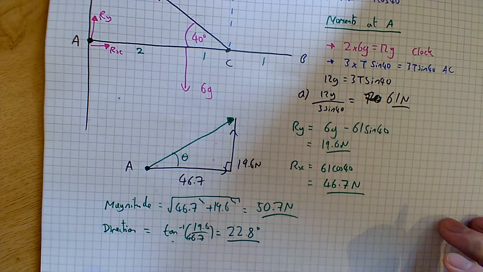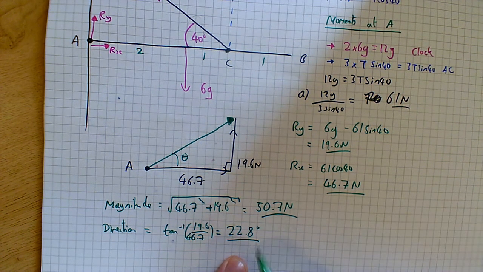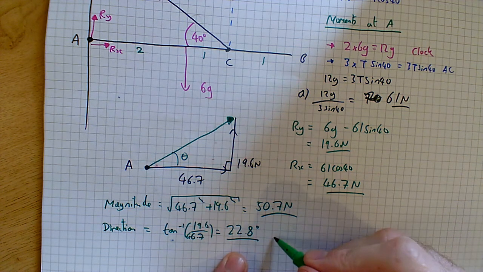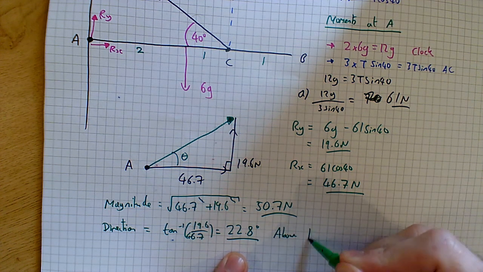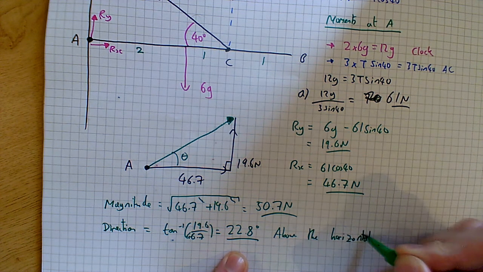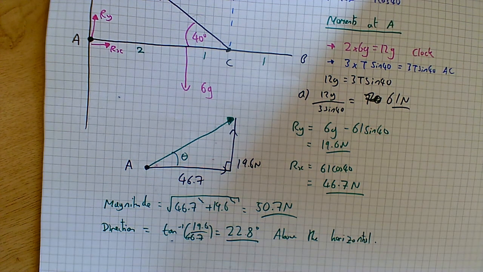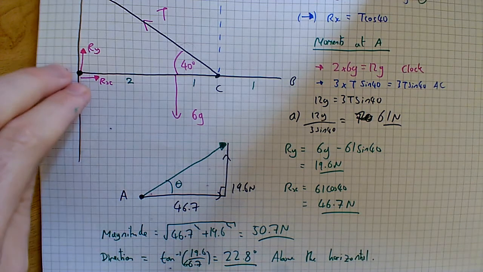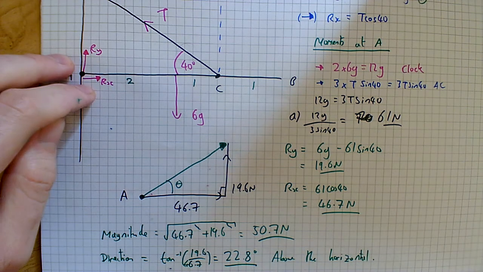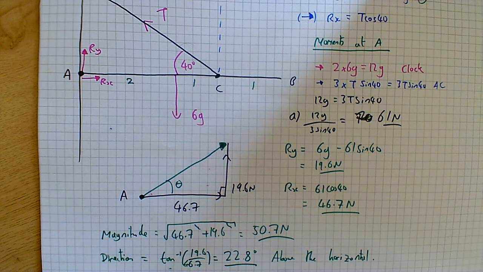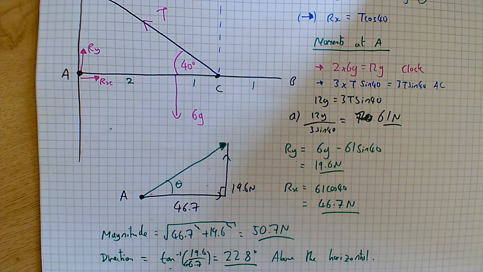And we just have to specify what that's in regards to. So this is 22.8, and that's above the horizontal. It's no good just writing 22.8 because we have to have some sort of reference point so we know what's going on. That's hinges, and the key point is a force can be acting in any direction, so the best way to do it is to take two components, the x direction and the y direction, for our reaction.